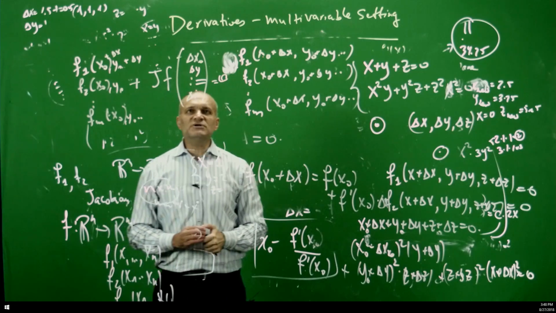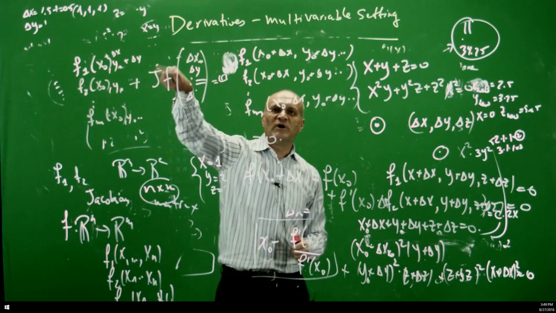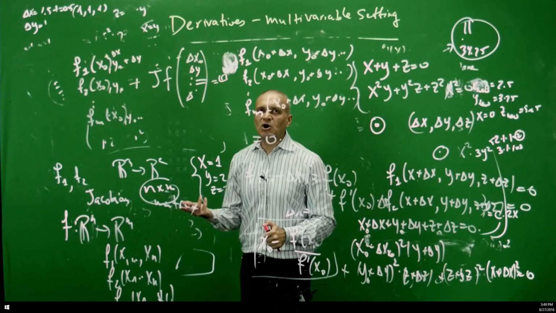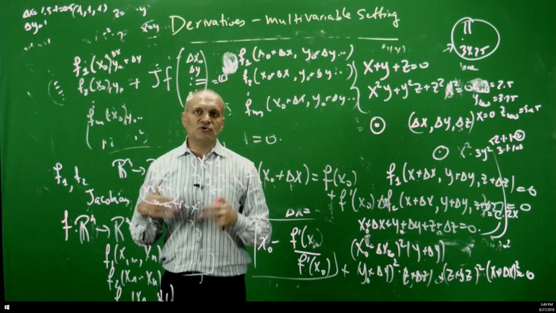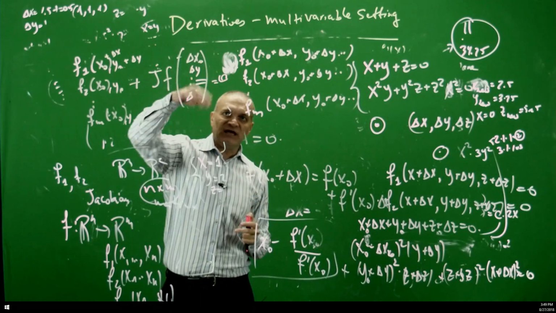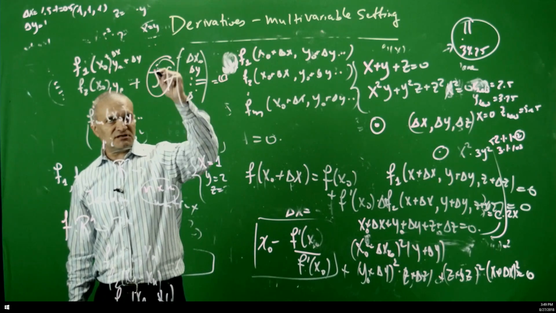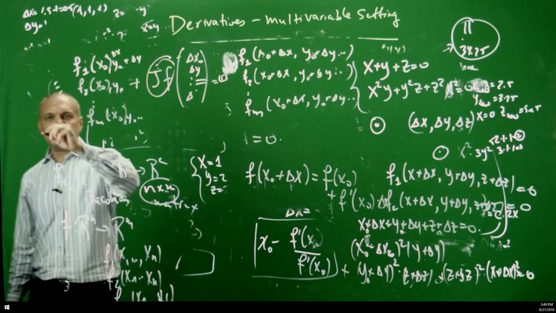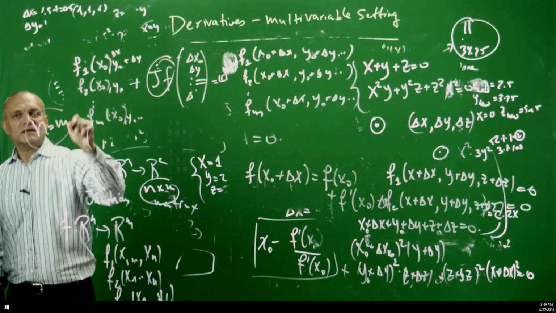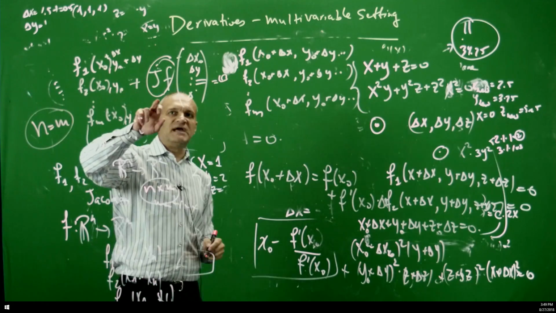So now I'm going to solve these linear equations. We know that we have a solution only when this Jacobian is invertible, when this matrix is invertible. So now we say that n equals m, so that we can deal with invertible matrices.